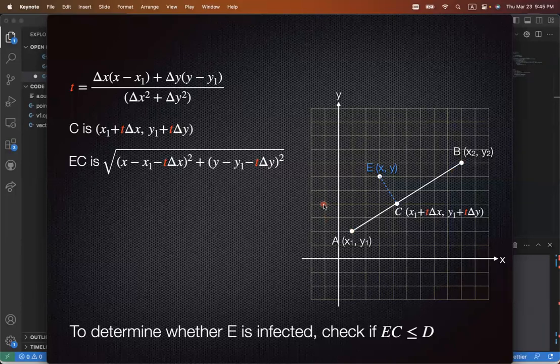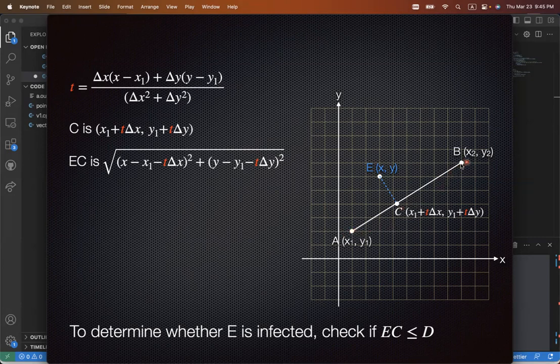Even if the point E is right here, you don't want to calculate the distance from E to this hypothetical C point, because corona only travels from A to B. The infection only happened along this line. At no point was the infection starting from this imaginary point. She was never there. So the distance from E to that point perpendicular to AB is irrelevant. The real distance that matters is the distance between E and A.